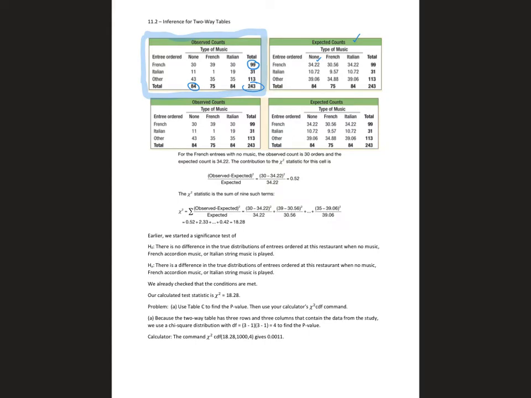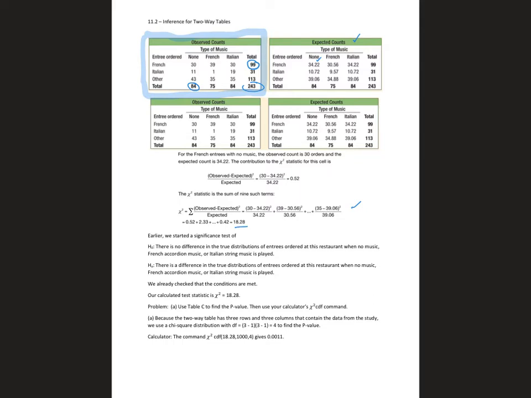When we calculate the chi-squared statistic, it's still going to be 30 minus the 34.22 quantity squared divided by the 34.22. If you do that for all of your values here, we get a chi-squared statistic of 18.28.